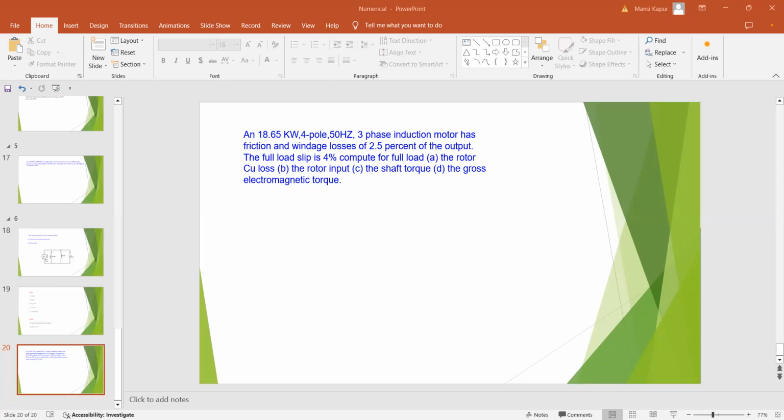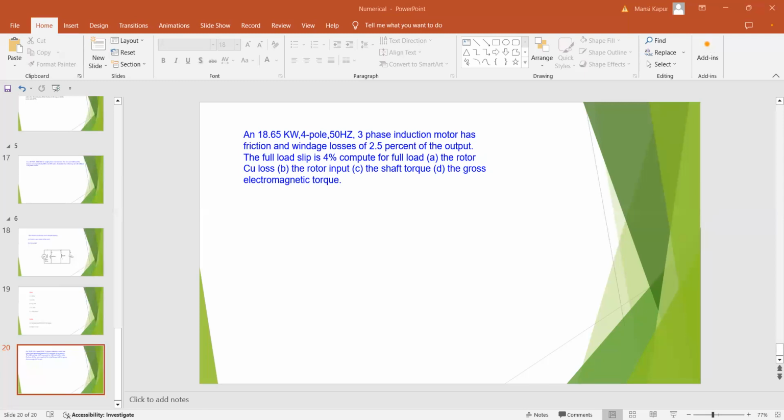So next they are saying the full load slip is 4%. Okay. Full load slip is 4%. Compute for full load: A, rotor copper loss. B, rotor input. C, shaft torque. D, gross magnetic torque.